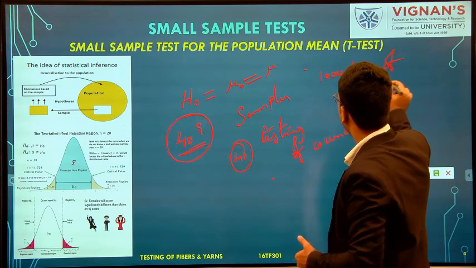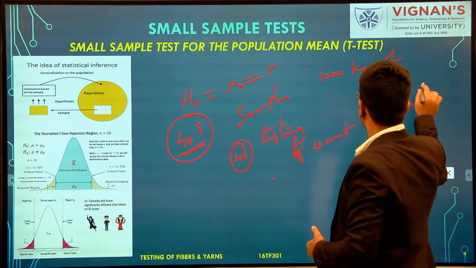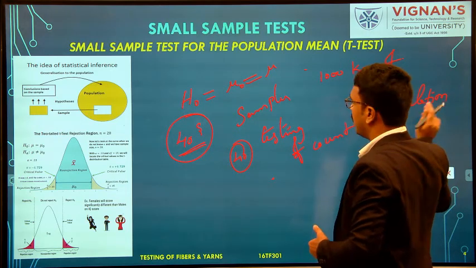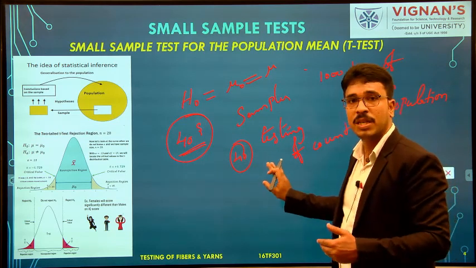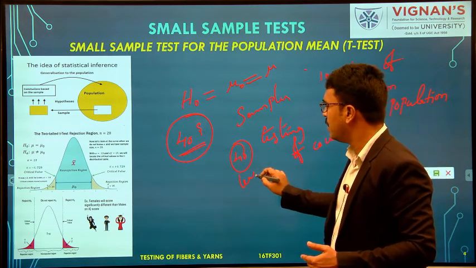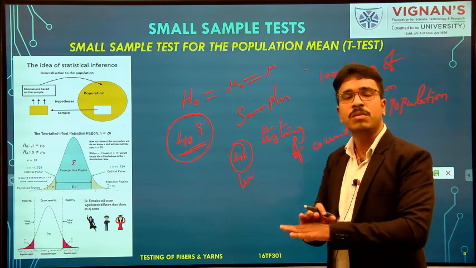From 1000 kgs of yarn is nothing but your population. So from this population, you have selected 40 leaves, we can say in the form of leaves we have selected. Understand? This 40 leaves we have tested.